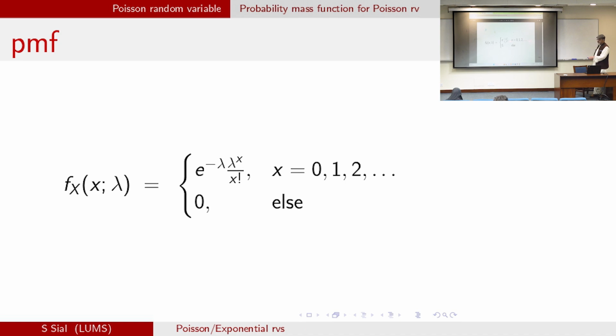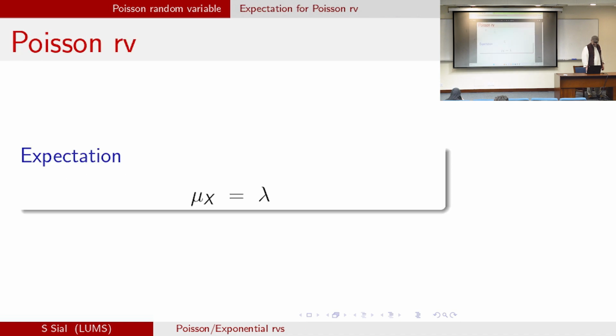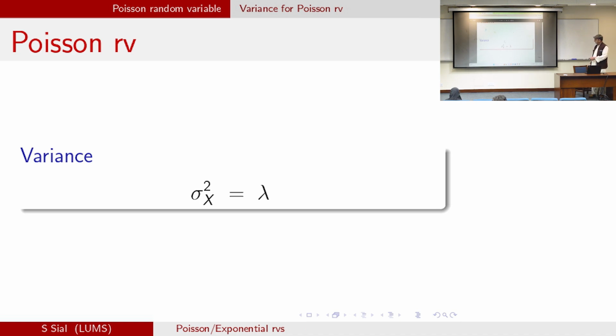X can take all non-negative integer values, and x is never anything else. So there's your PMF. We built this thing saying that lambda was the expectation, and it turns out then that the variance for the Poisson random variable is also lambda.